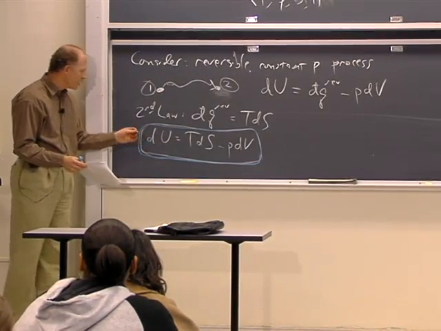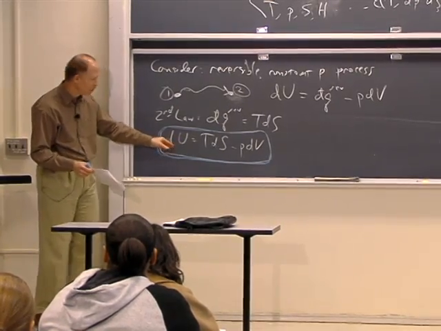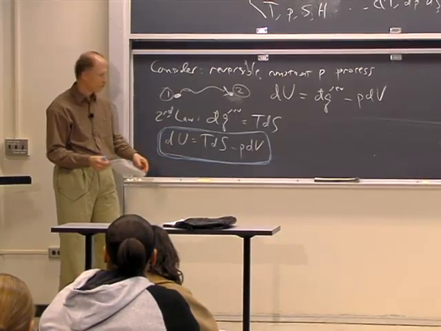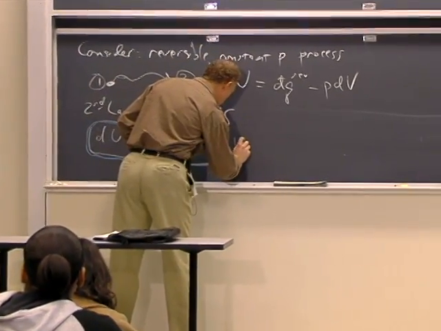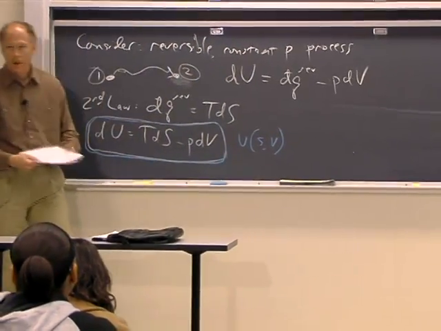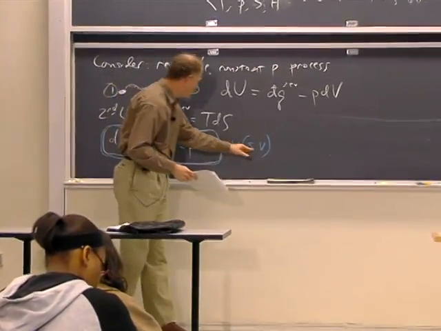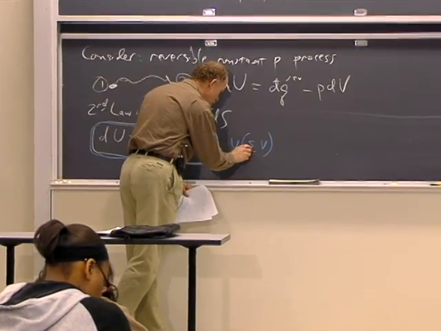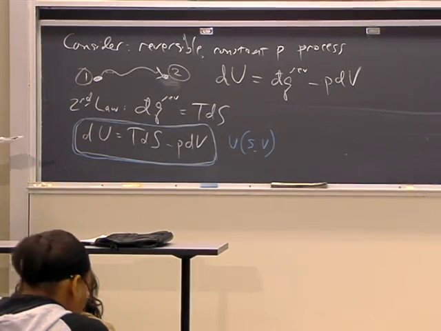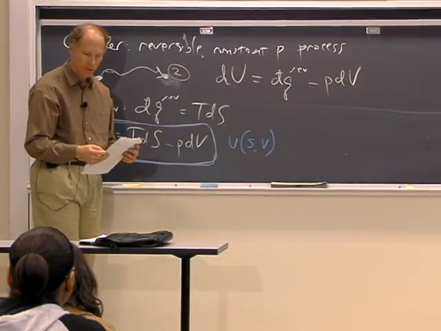In some sense the natural variables for U are these, it's a function of S and V. Those are natural variables in the sense that, written as functions of those variables, we only have state quantities on the right-hand side. Very, very valuable expression.